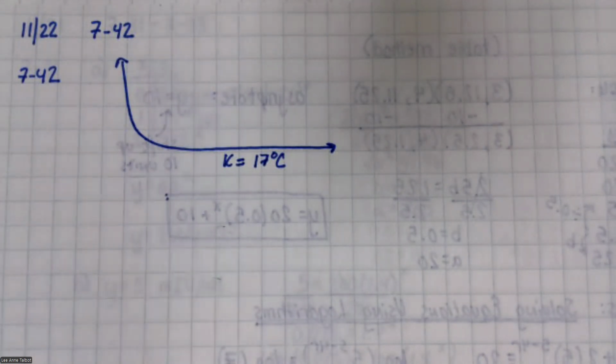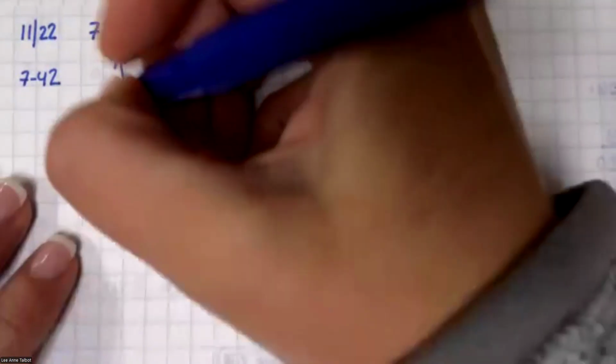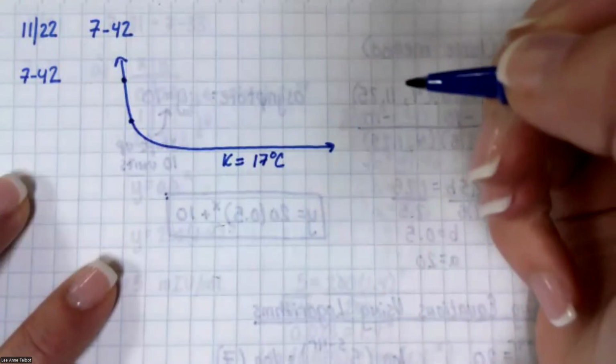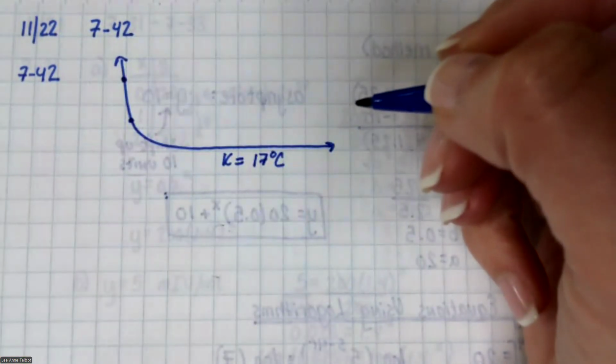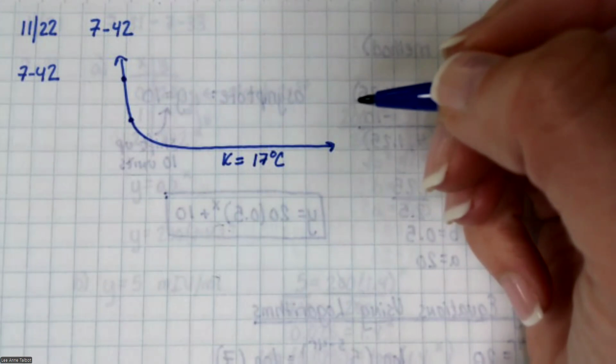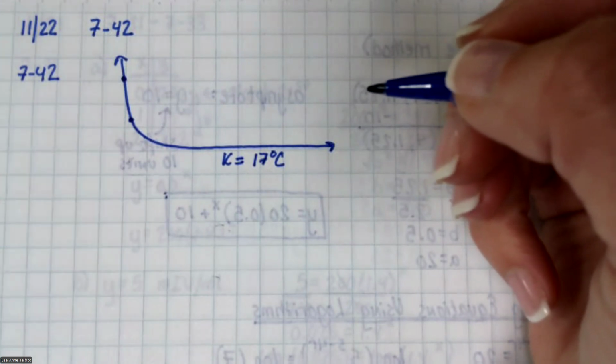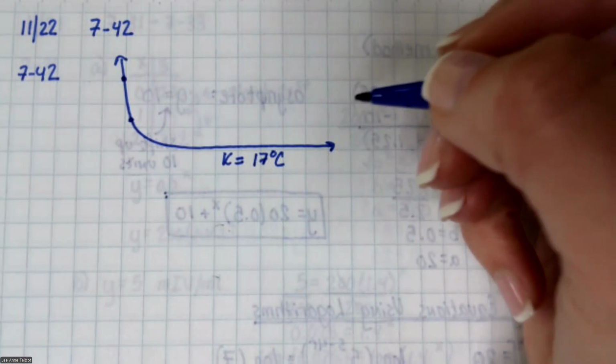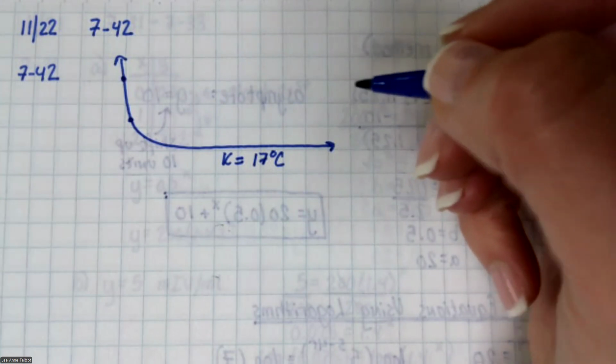Okay, so my question is for you, what time was it when it was 24 degrees? So we need 2 coordinates and an asymptote. One of the coordinates, it was 24 degrees. What time was it? 6:05? Okay.